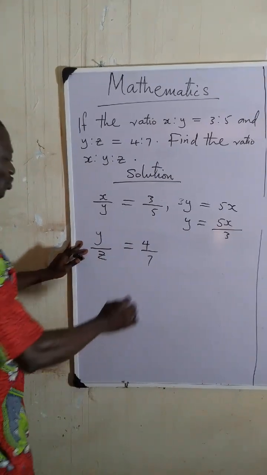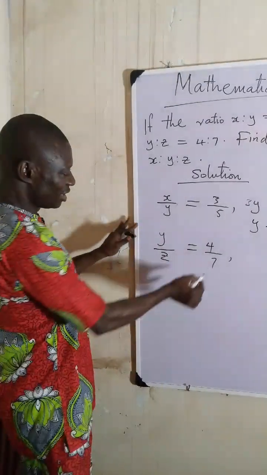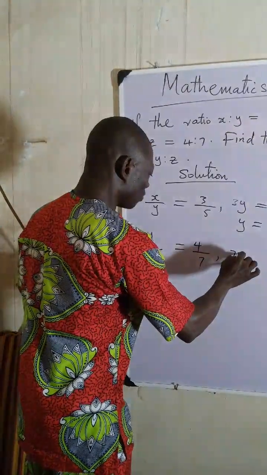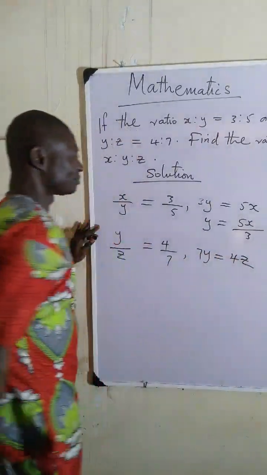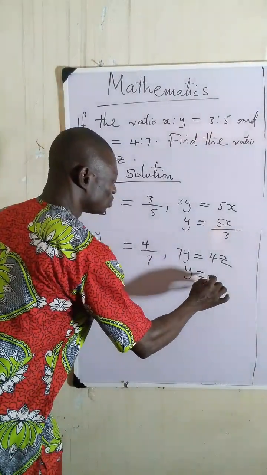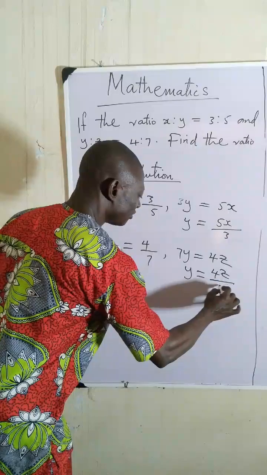So we do the same by making y the subject of the formula. Multiplying by 7, we have 7y is equal to 4z. Y alone is equal to 4z over 7.